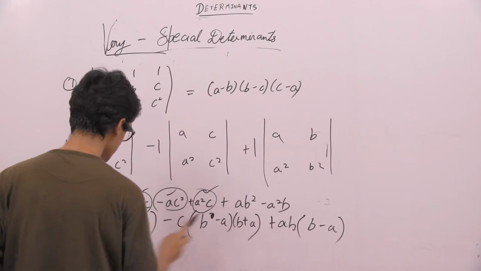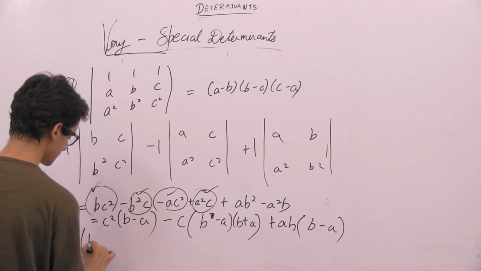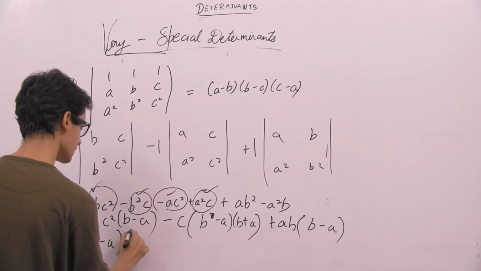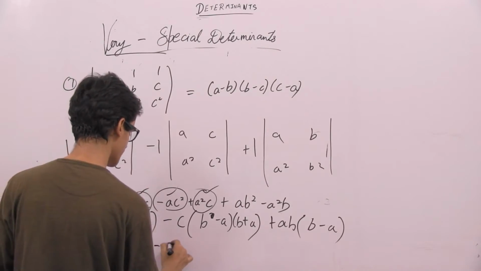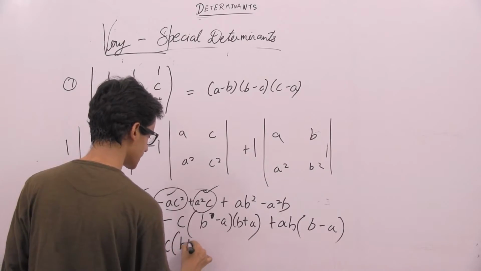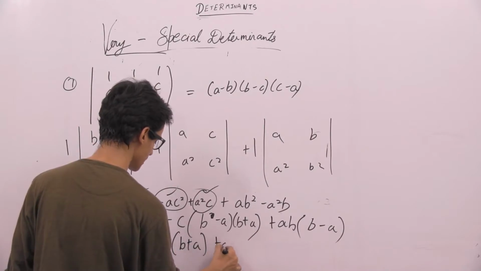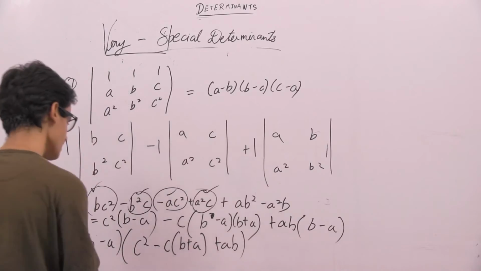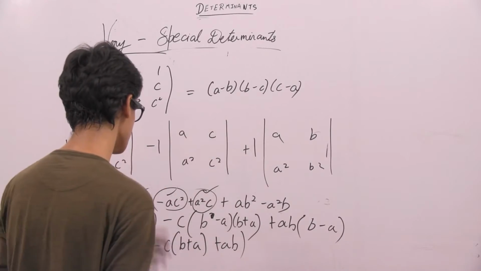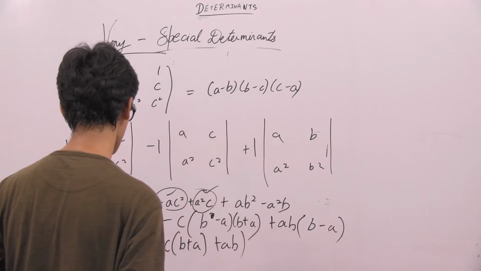We can take b minus a common, so we get (b minus a) times (c square minus c(b plus a) plus ab). What does this come out to be?